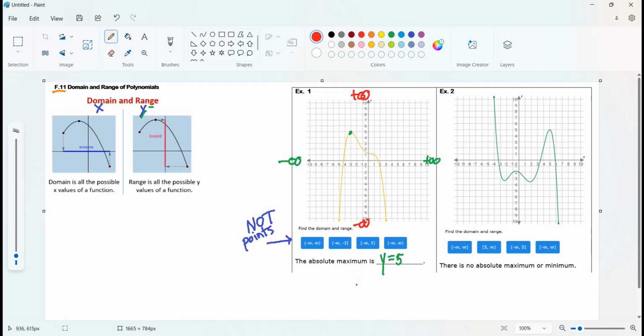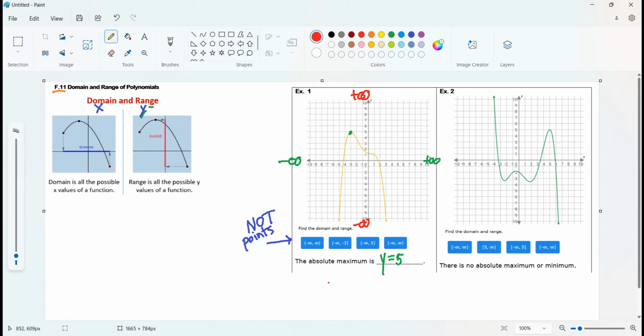So for the domain on this graph, we're looking at the x values. As this graph is going down, think about how far it's eventually going to go out towards negative infinity. Since it's not straight up and down, it's slightly slanted.